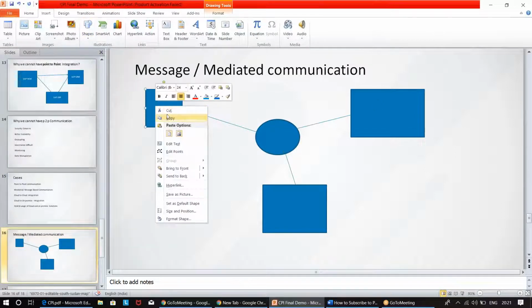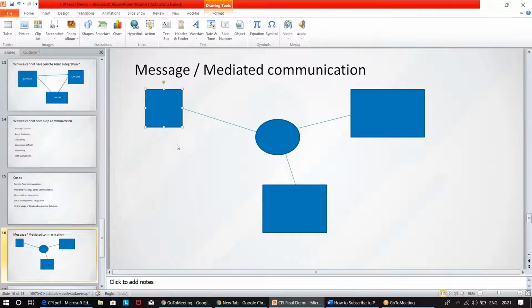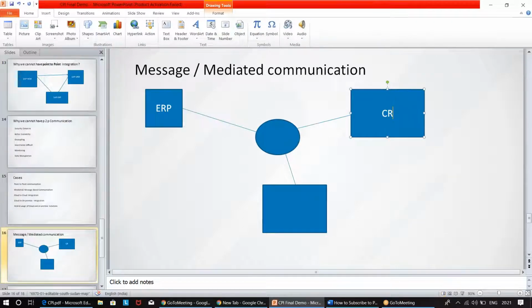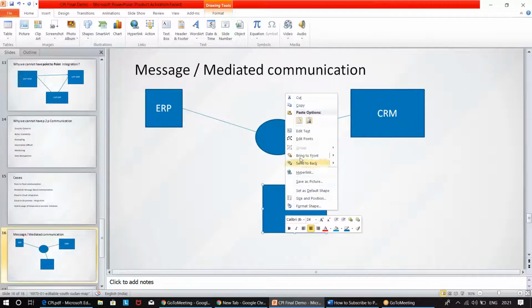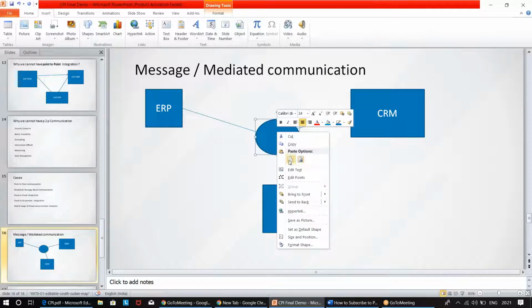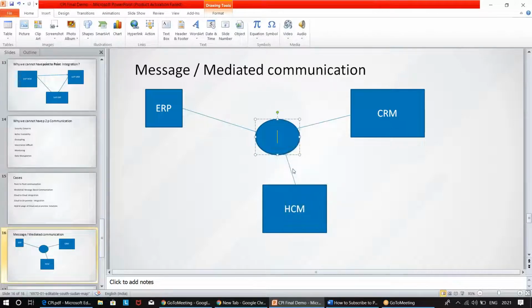So previously we had the same systems, your ERP, your CRM, your HCM or SRM, any system you can mark. I will not call it CPI right now, I'll just call it a middleware.